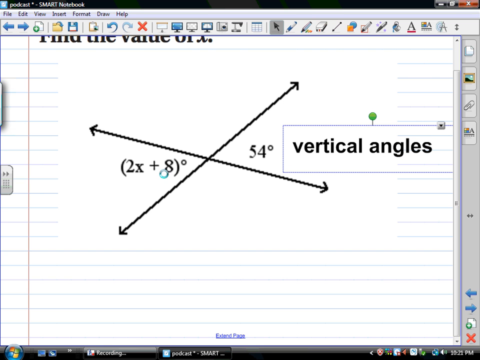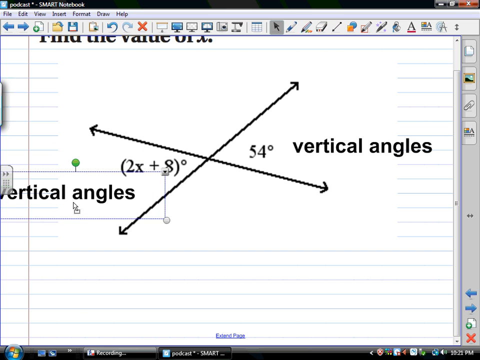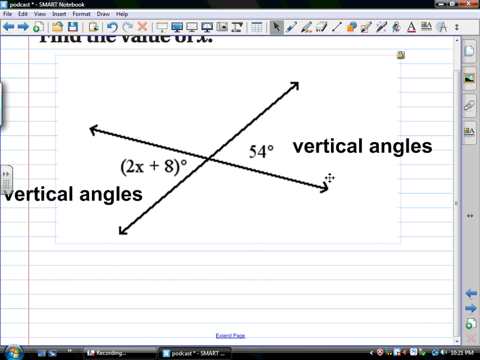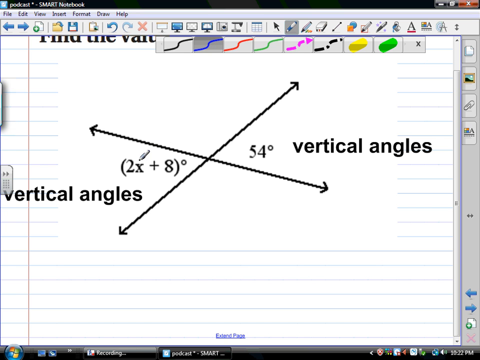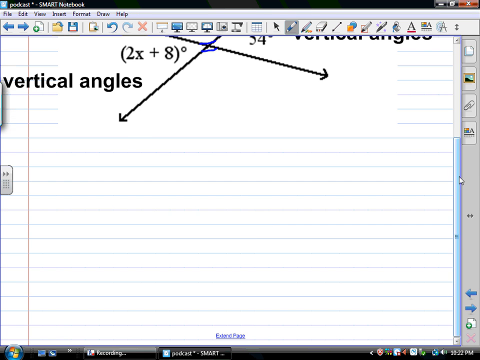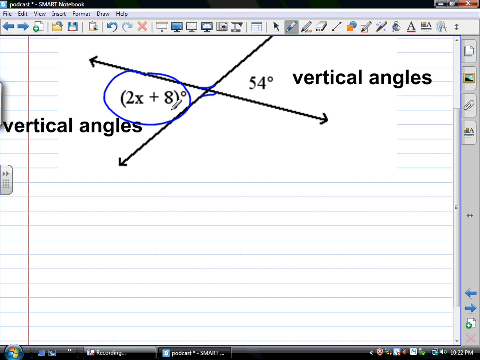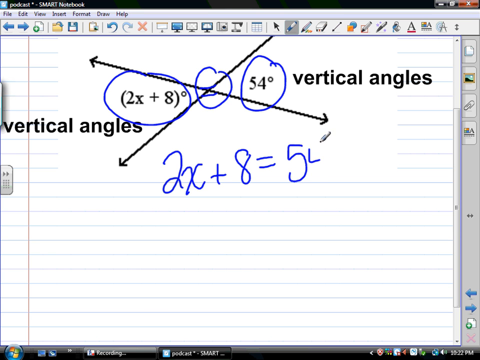Vertical angles. Angles formed by intersecting lines, and vertical angles are congruent. Congruent means equal. So 2x plus 8 is equal to 54 degrees. I'm going to write myself an equation. 2x plus 8 equals 54 degrees.